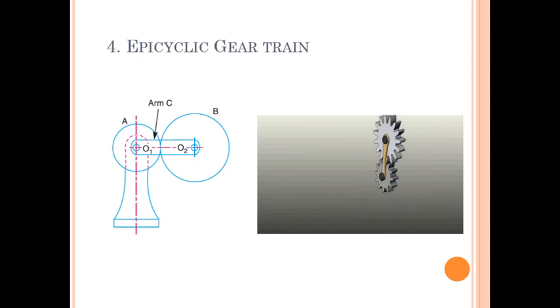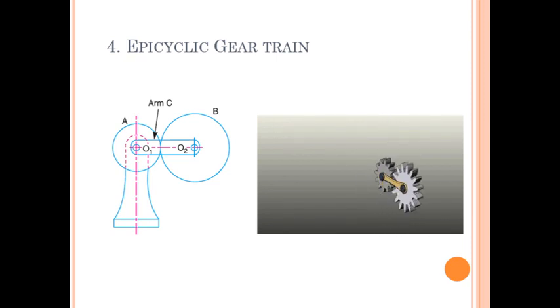In whatever types we have seen previously, simple, compound and reverted gear trains, the shafts of all gears are fixed. The shafts are not rotating. But in this case of the epicyclic gear train, the shafts of gears can be rotated or are rotating about some other fixed shaft.